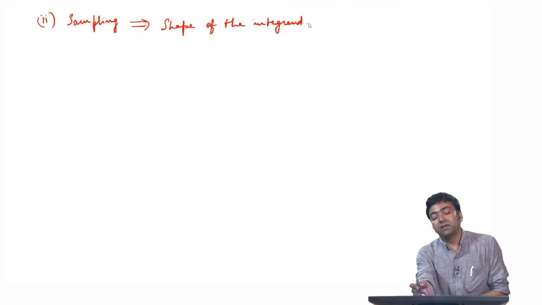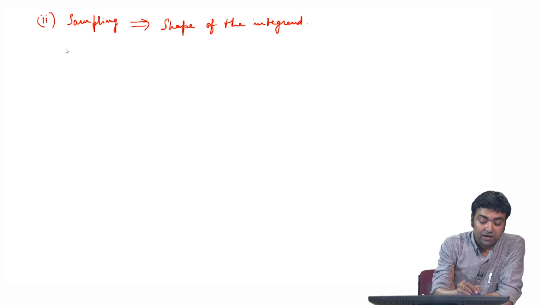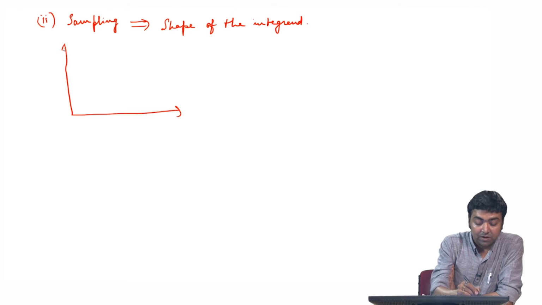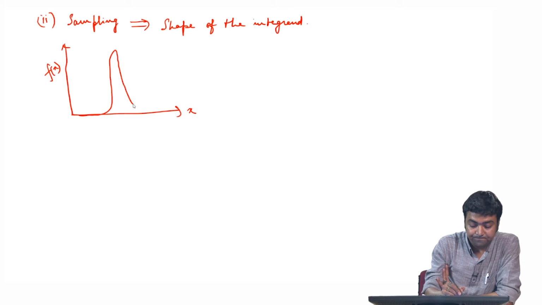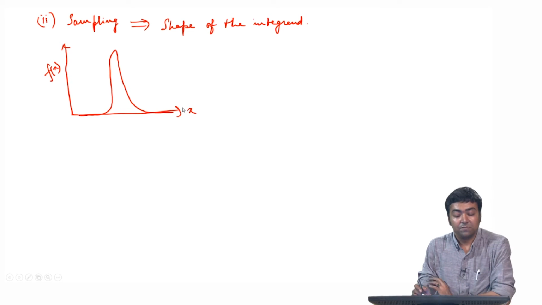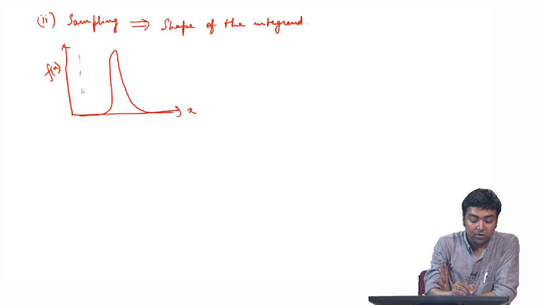What do I mean by the shape of the integrand? Let us look at a one dimensional example again. Suppose I have a function which looks something like this in one dimension, and I want to do an integral from a to b.